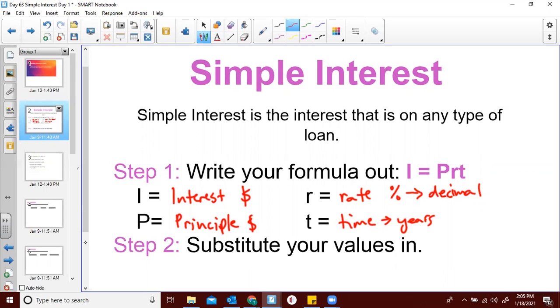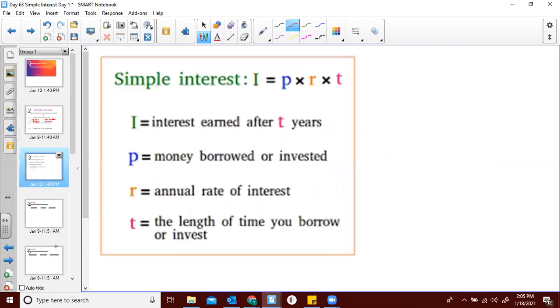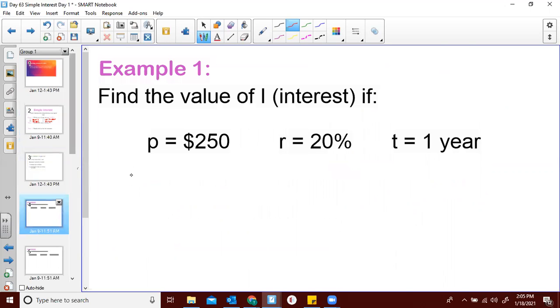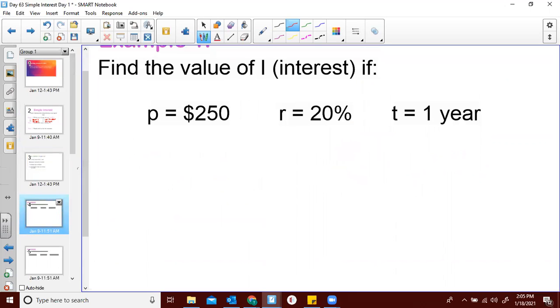All right, and then all we have to do is substitute all of the information that we'll get from the questions into our formula, then we'll get our answer. For example, with this one, just remember your formula, I equals PRT. We know that P equals 250, so P is going to be 250, times our percent.